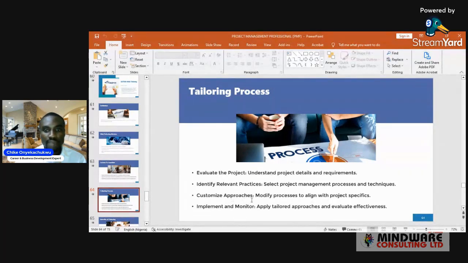Customize approaches, modify processes to align with project specifics. Very, very important. Implement and monitor the approaches and evaluate their effectiveness. All right. So you have to apply tailored approaches and evaluate effectiveness to your project.